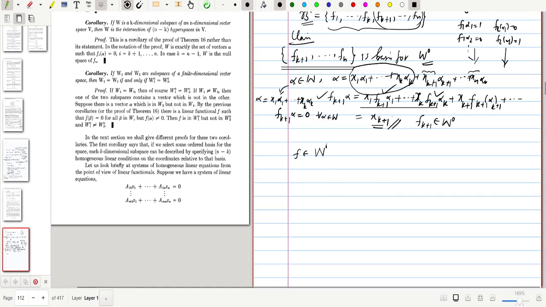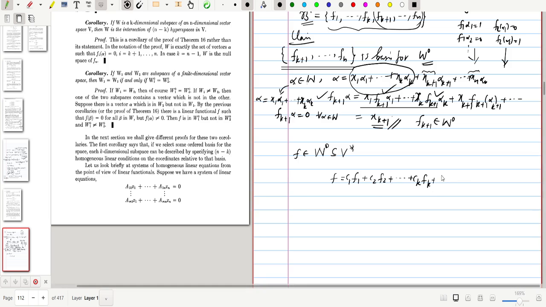We will prove that this f is a linear combination of all those f_{k+1}, f_{k+2}, etc. If f belongs to W naught and W naught is a subspace of V star, then this f is written as a linear combination of all these elements: c1 f1 plus c2 f2 plus etc. plus ck fk plus c_{k+1} f_{k+1} plus etc. plus cn fn. This is the general expression for this f, since this is an element of V star.